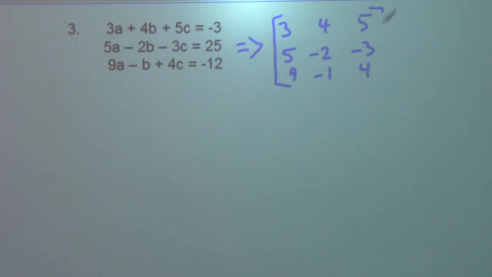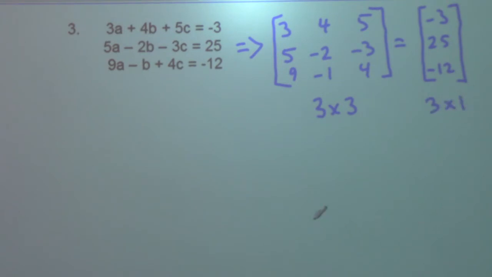In the language of matrices, we call this a 3-by-3 matrix, meaning 3 rows by 3 columns. That's going to be equal to a 3-by-1 matrix as our answer set, which is going to be -3, 25, and -12.